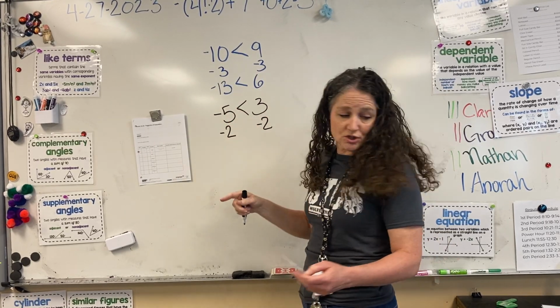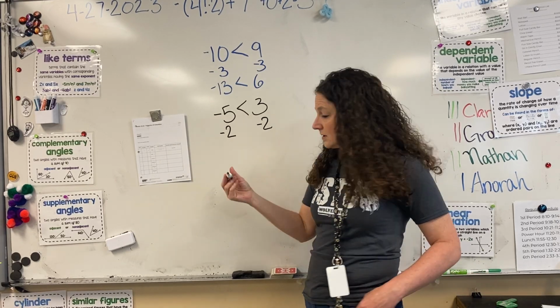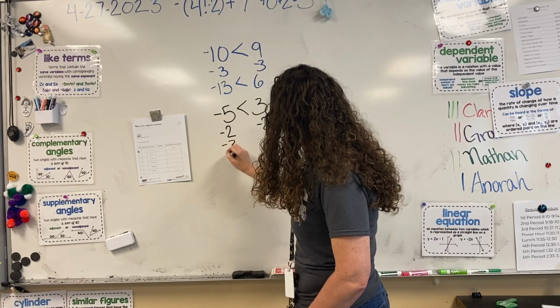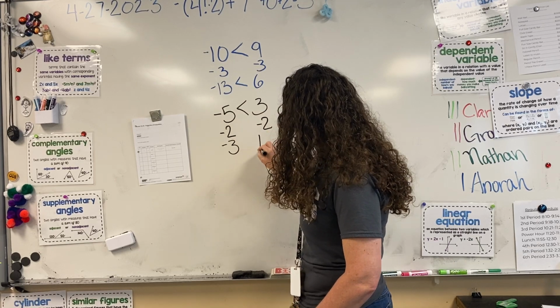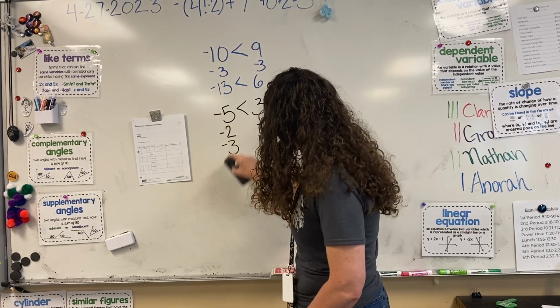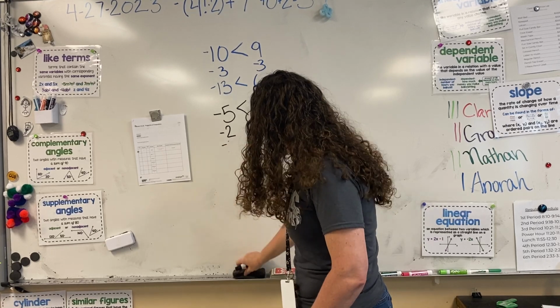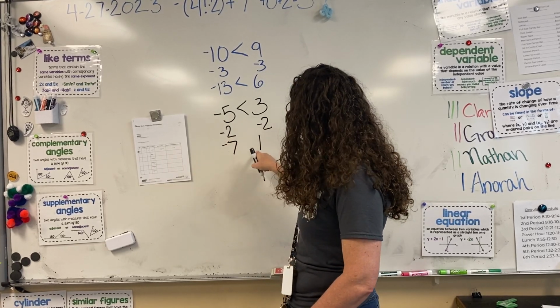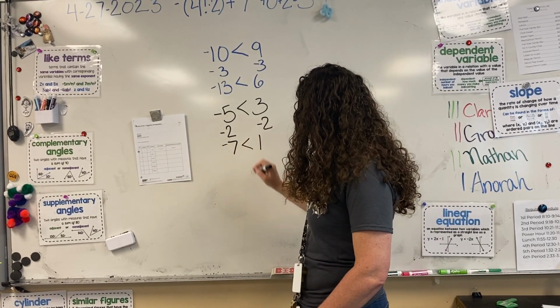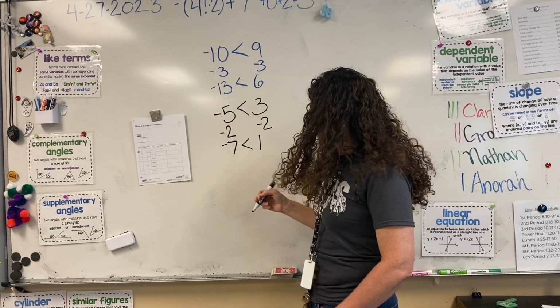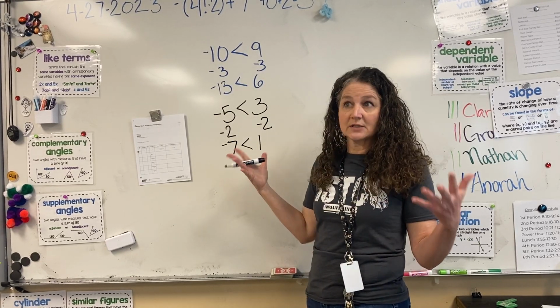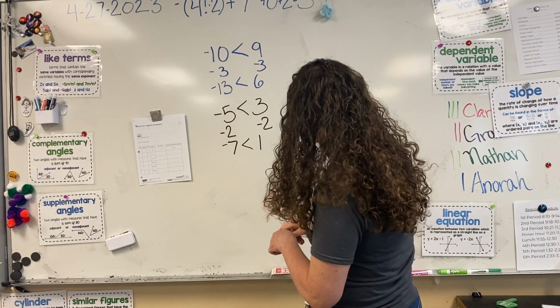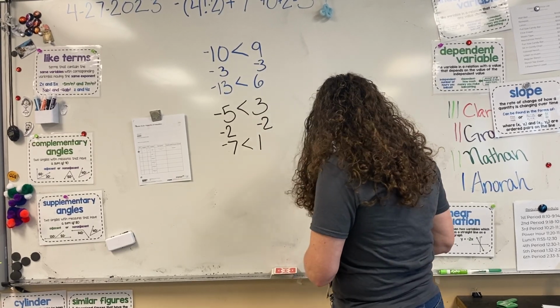What's negative 5 minus 2? Negative 7. What's 3 minus 2? 1. Is negative 7 still less than 1? Yeah, it is. So, was it preserved? Totally was preserved.